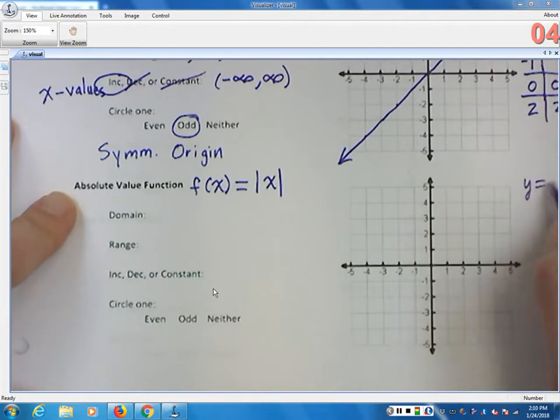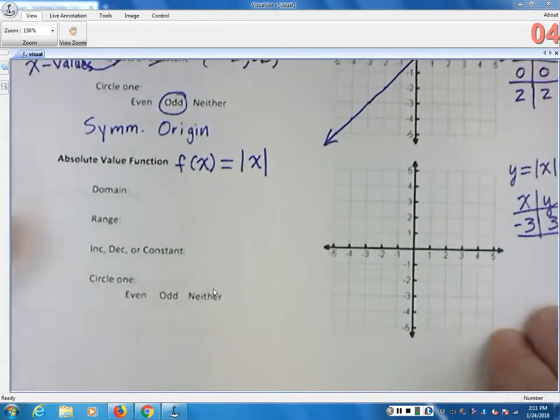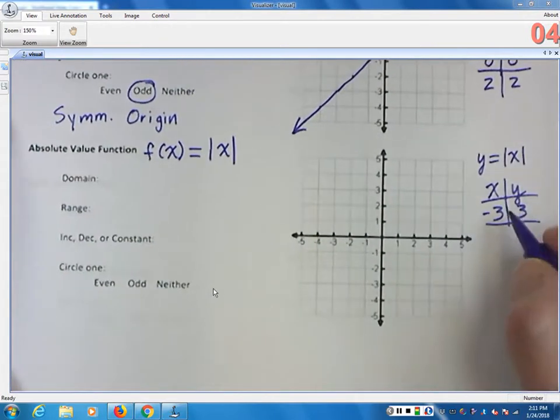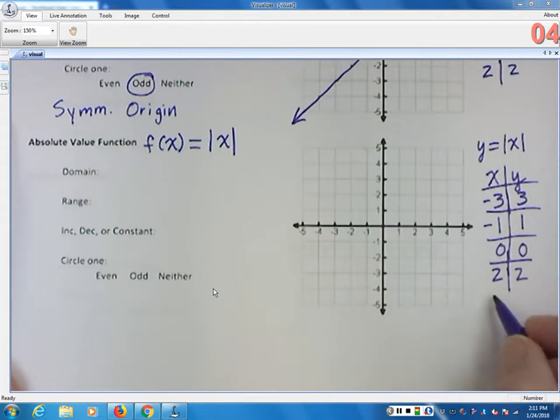Y equals the absolute value of x means if you have -3 for x, it becomes positive. That's what the absolute value does. If you got -1 for x, it becomes positive. The absolute value of 0 is 0. 2 is 2. 5 is 5.